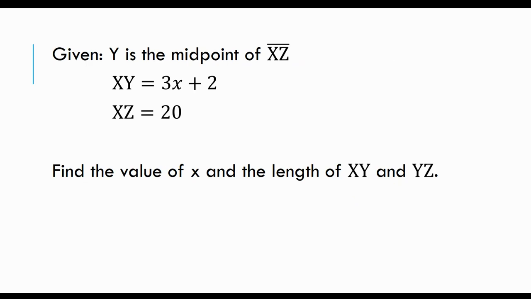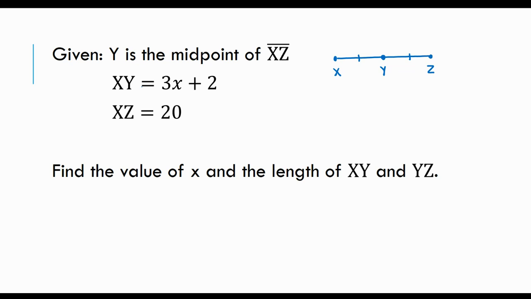Here I'm given that Y is the midpoint of XZ. Nowhere in this problem is there a diagram, so I'm going to sketch a picture of that given information. The segment XZ has that midpoint of Y. A midpoint is in the middle, which means I now have two smaller congruent segments, XY and YZ.